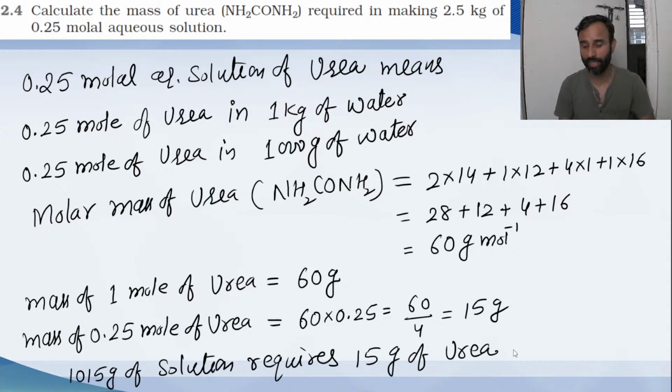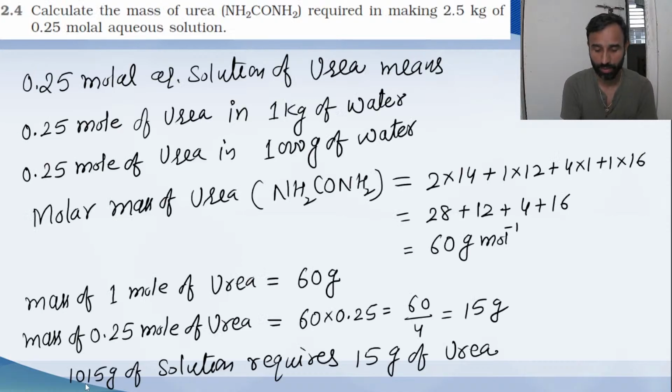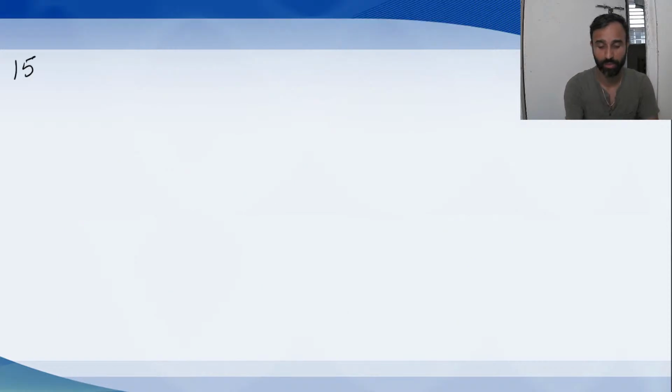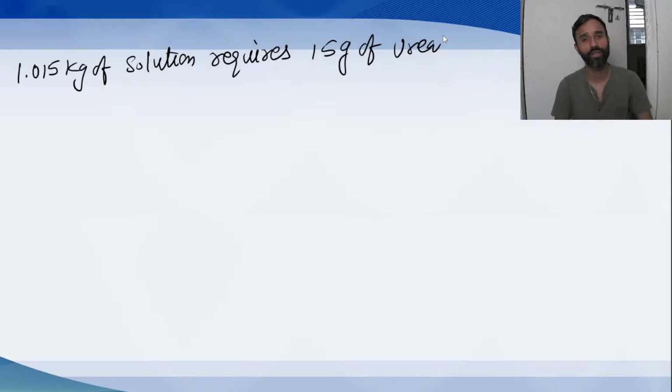Or we can write that 15 gram of urea is required for 1015 gram of solution. So 1015 gram of solution means 1.015 kg of solution requires 15 gram of urea.